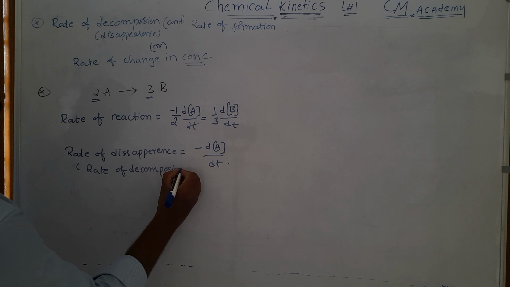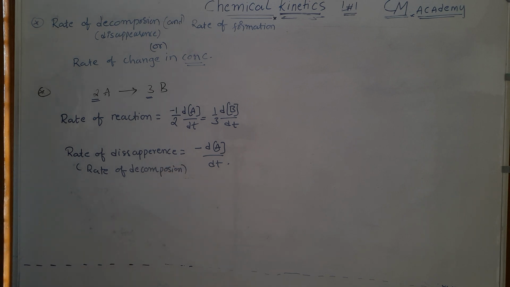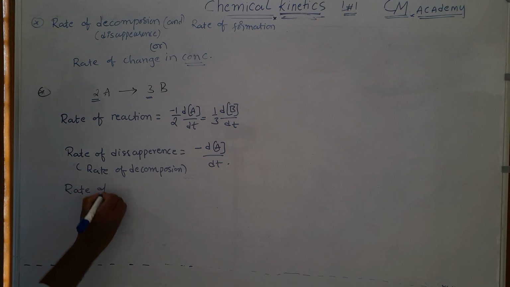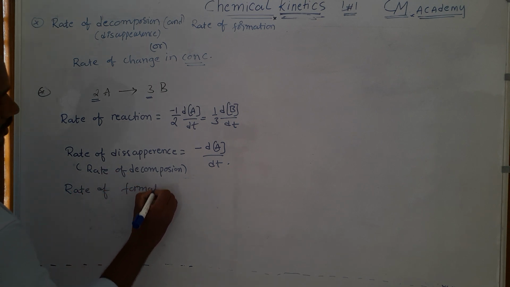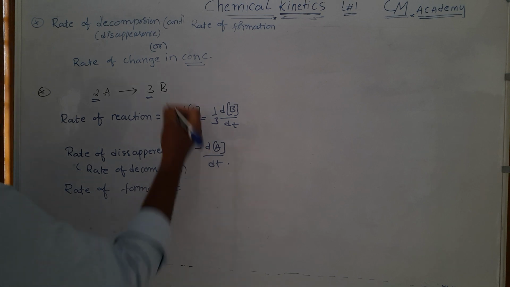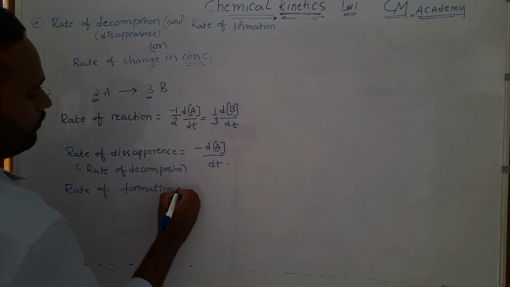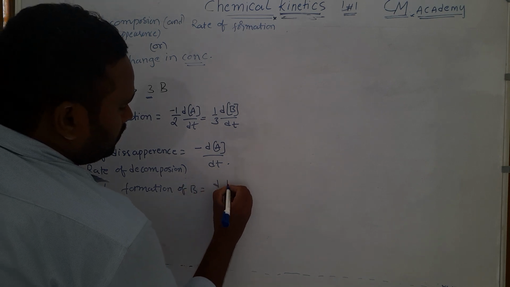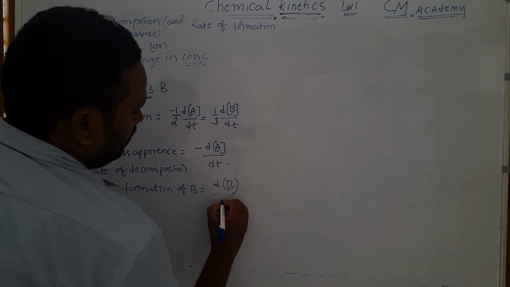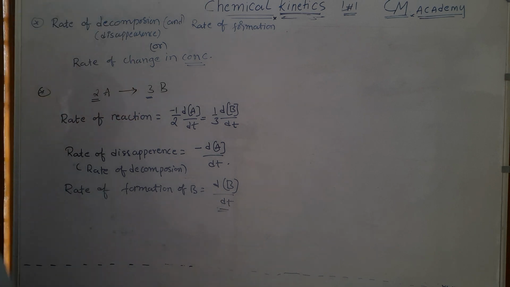Next, the rate of formation, the rate of formation of B, that is dB by dt.